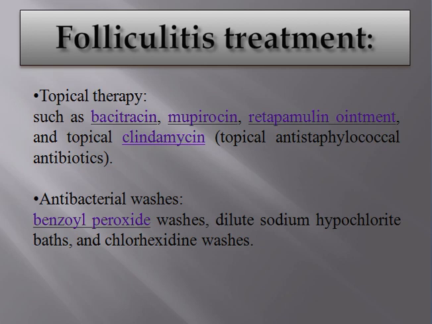Skin surface staphylococcal carriage in abrasions and ecchymotic areas may be addressed with these topical antibiotics, topical chlorhexidine washes, or dilute sodium hypochlorite baths. Mupirocin ointment applied to the anterior nares daily for 5 days along with bleach baths may help prevent recurrence of this pathology.